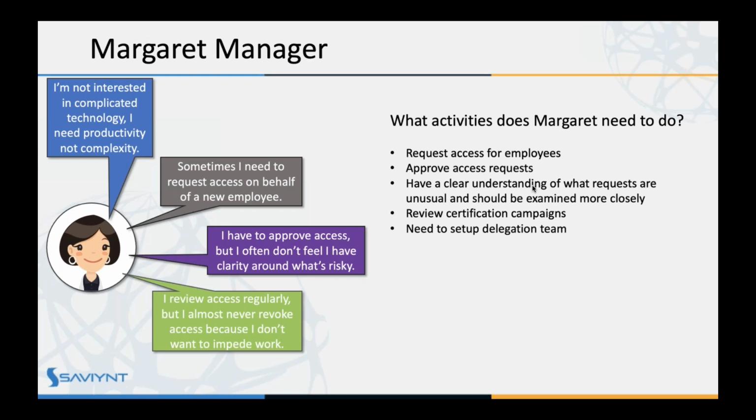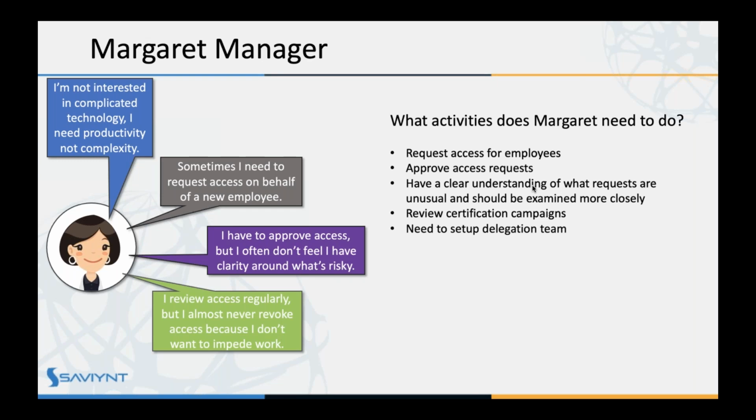Identity management, Chris was talking about this, just the provisioning, deprovisioning, joiner, mover, and leaver is very much about just automation of getting access, but governance is also around that risk of access and understanding what's going on with that. And so Margaret may be good at just granting somebody access to things, but often Margaret or managers don't feel like they know what is risky that I'm giving somebody access to.